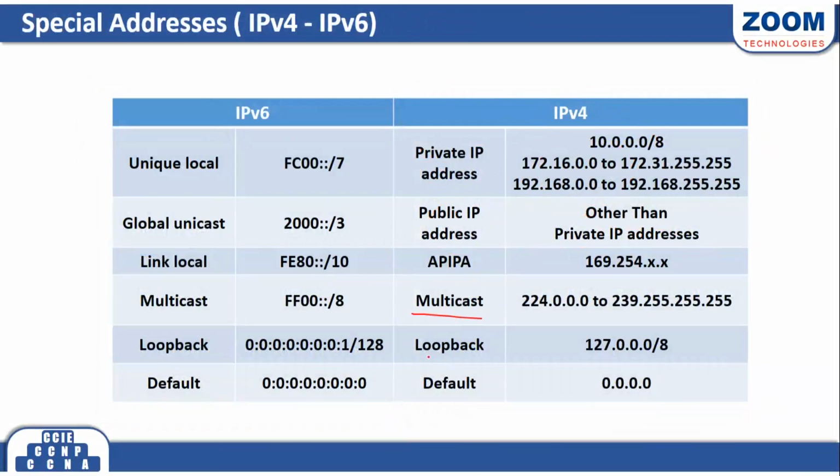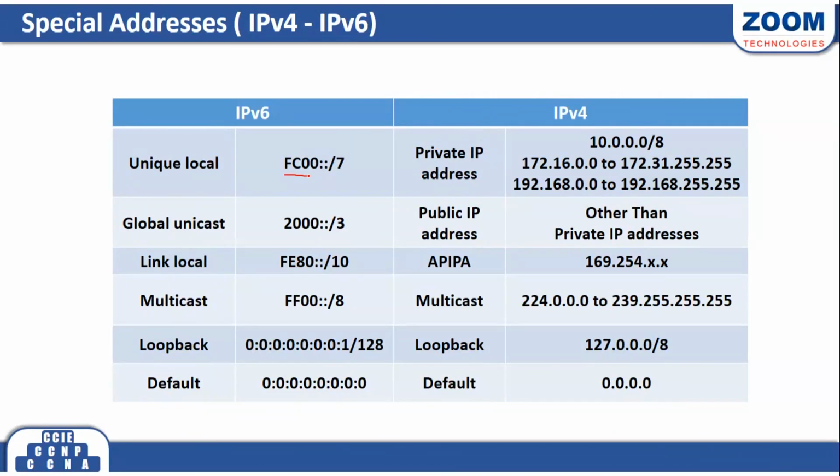In IPv4 we call it private IP; in IPv6 we call it unique local. So any IPv6 starting with FC is a private IPv6 address.